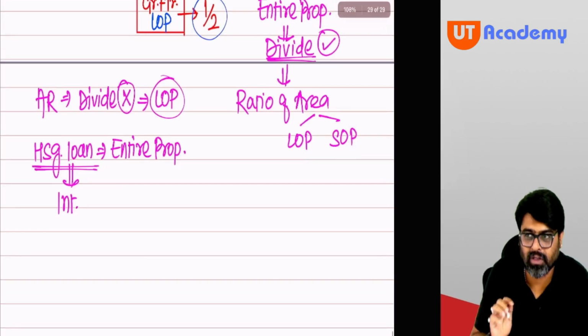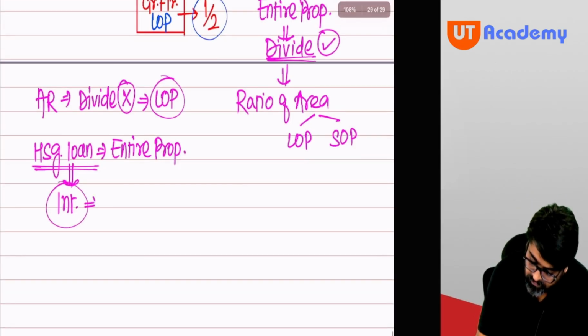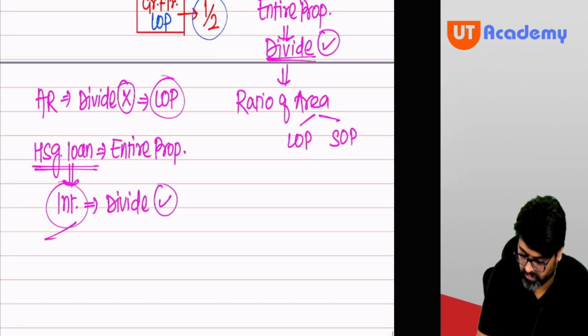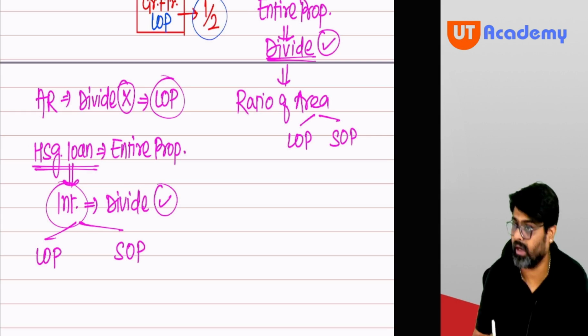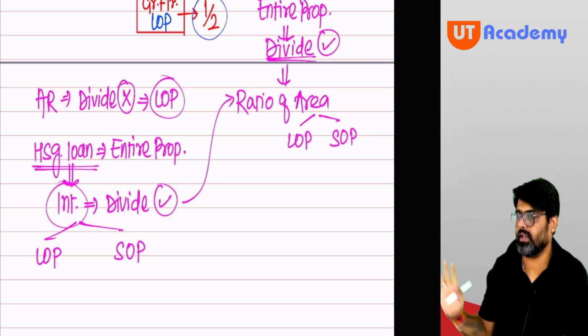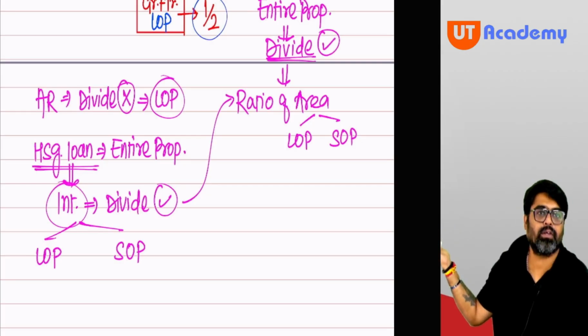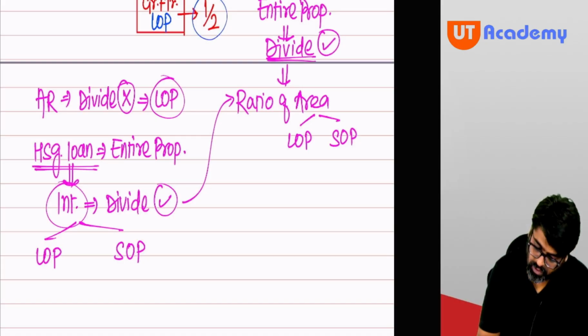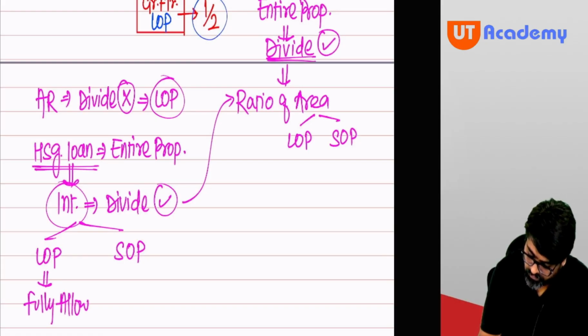Will you divide this interest? Yes, divide this interest into let out portion and self-occupied portion. In what ratio will you divide? Same ratio, ratio of area. Done, sir? So the interest which is related to my let out portion, don't you think that interest will be fully allowed? Hello, sir?